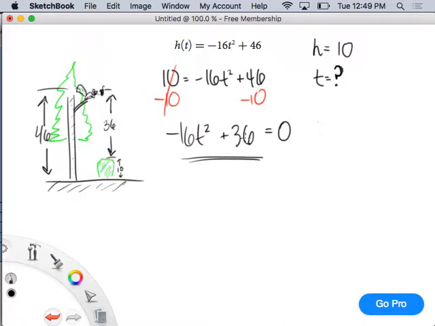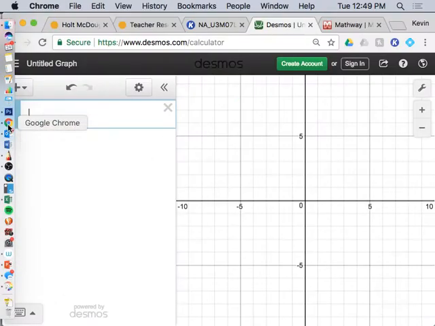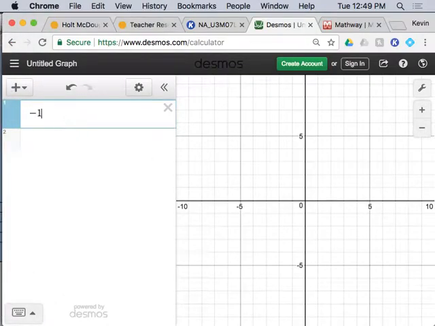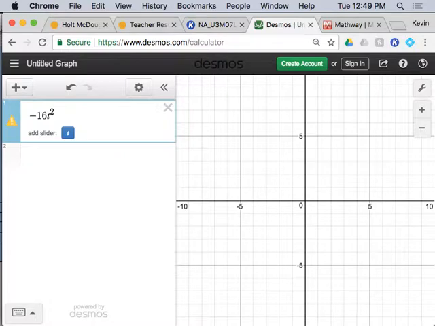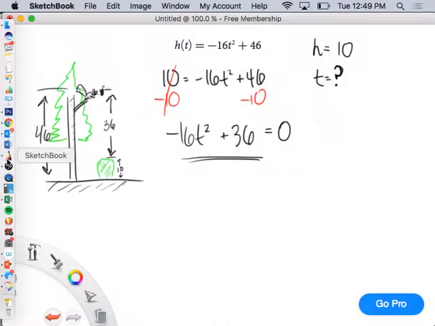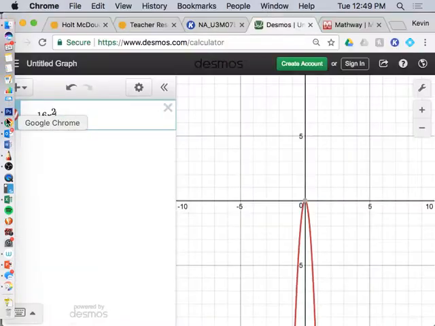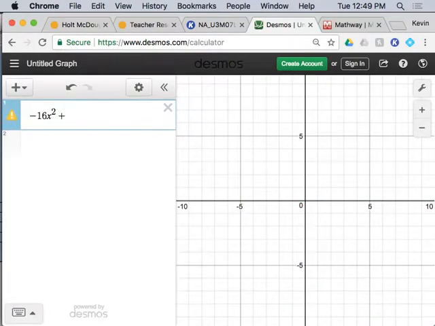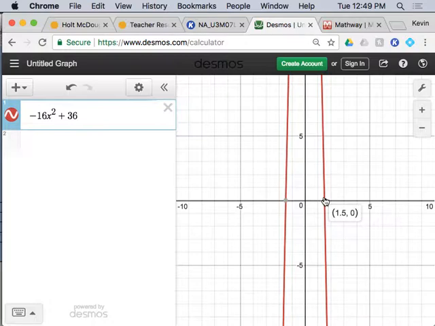So look, I have to plug this function in. Now here's the problem. Desmos does not like t. If you plug in t, Desmos is clearly not British. Got it. Nice. It doesn't like t. It wants you to put in x. So you use x. And then bam, there's your 0.